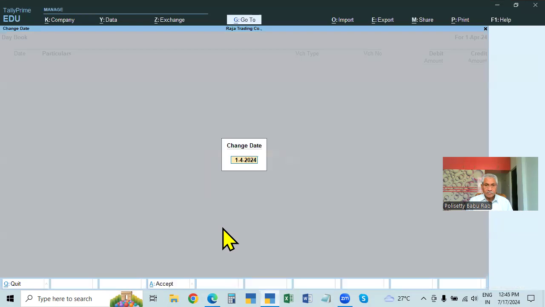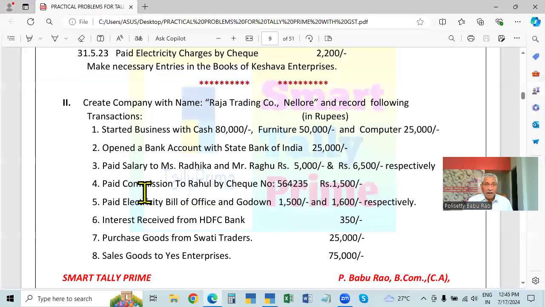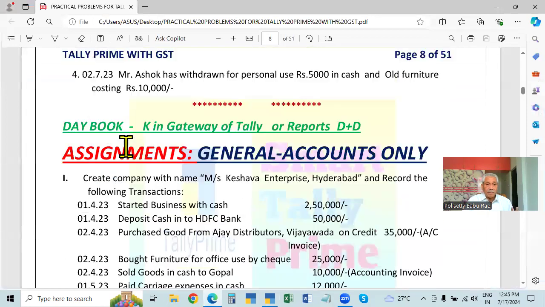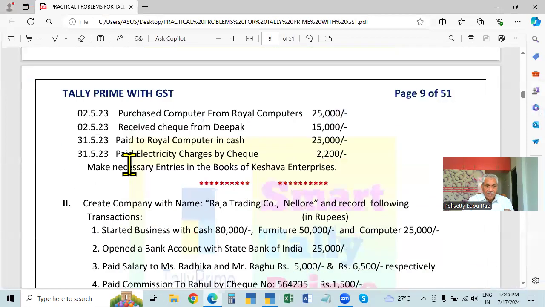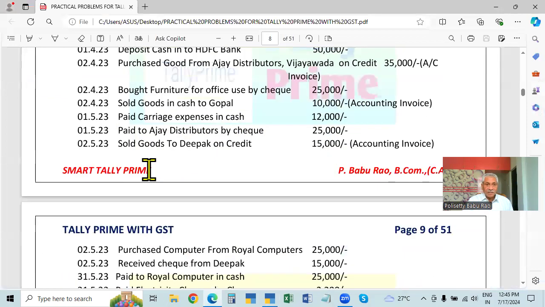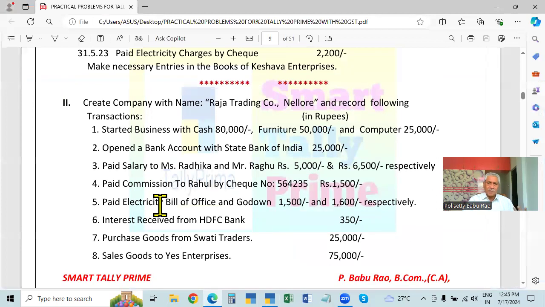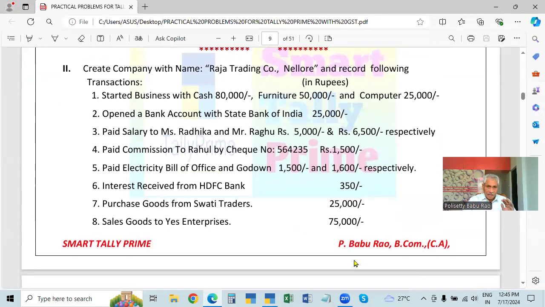Here April and May are given, I will take up only May: 1st, 2nd, 31st. Similarly, here April and May, I will take up only the April month, April means only 1st and 2nd. Half of the transactions I will take in April, the first day and 2nd day.